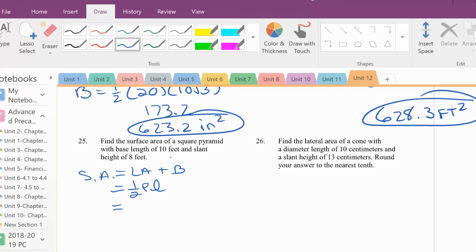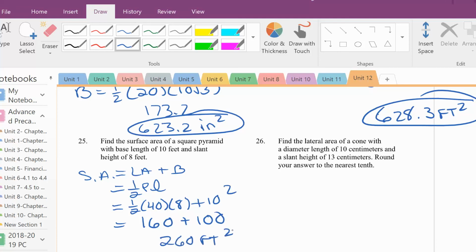So the square would have a perimeter of 40. So it's 1/2 40 times 8 plus the area of the base, which is 10 squared. So 20 times 8 is 160 plus 100 gives you 260 square feet.